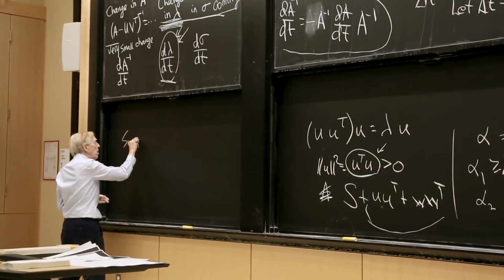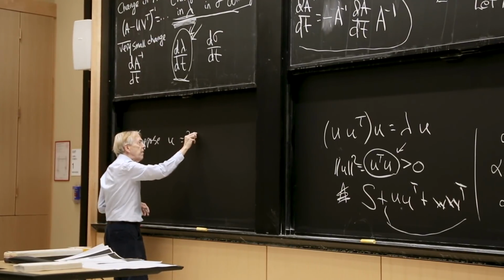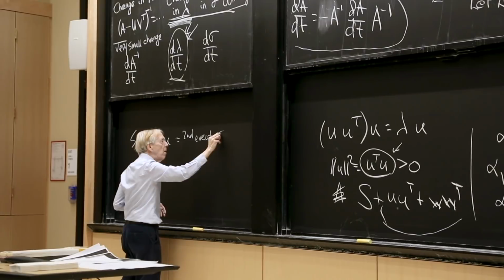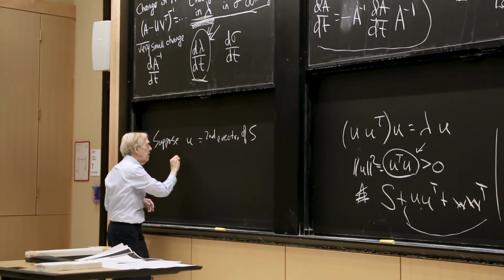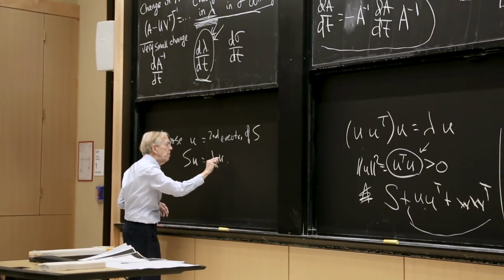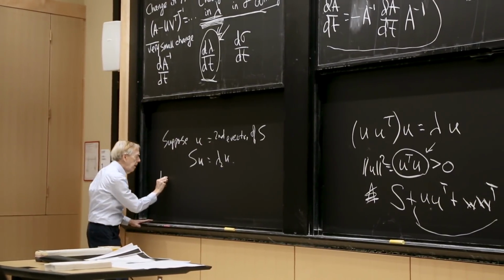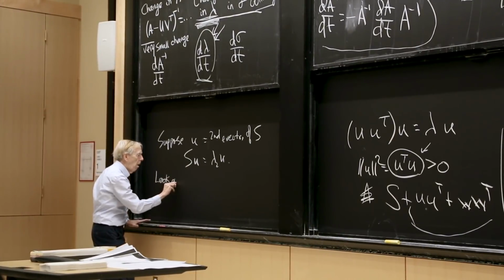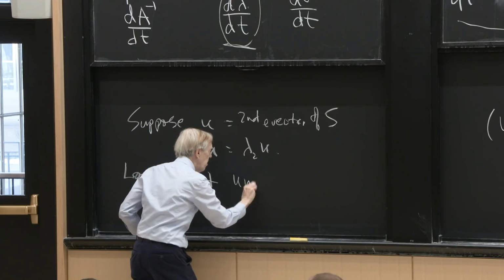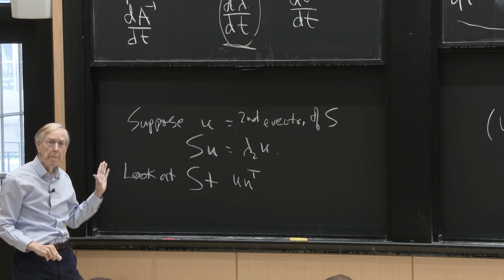Suppose u is actually the second eigenvector of S. What do I mean by that? I mean that S times u is lambda 2 times u. Okay. Now I'm going to change it. S plus u u transpose. That's what I've been looking at, and that moves the eigenvalues up.